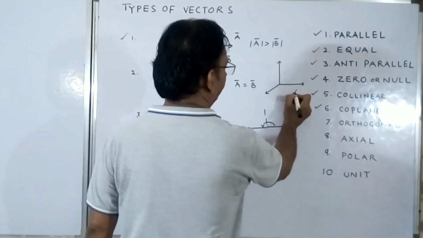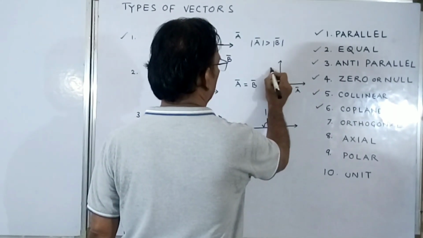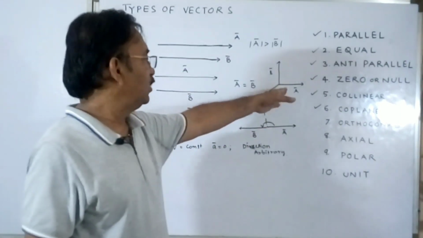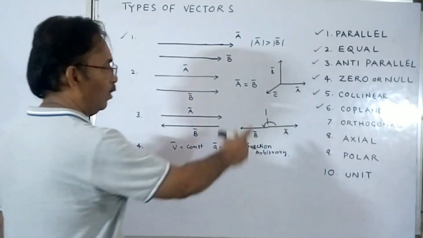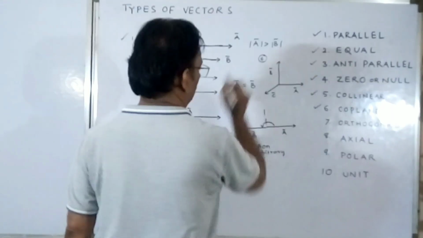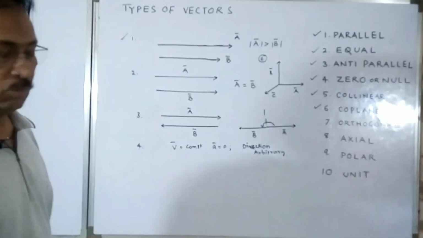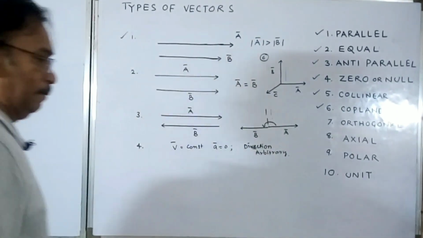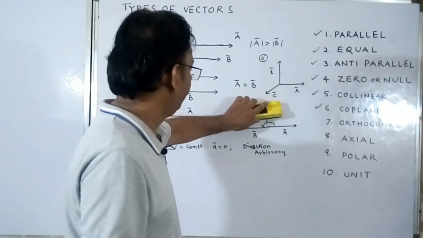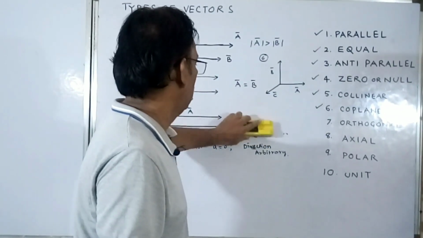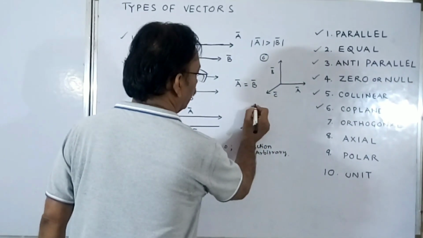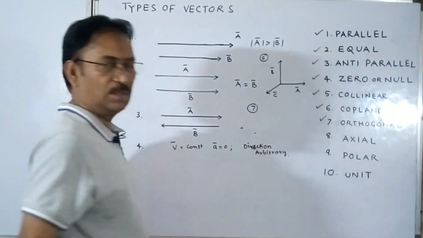Additionally, I am adding one more: vector A, vector B, and vector C. These vectors are said to be coplanar. Then after, we have to know one more vector, number 7, orthogonal vectors.